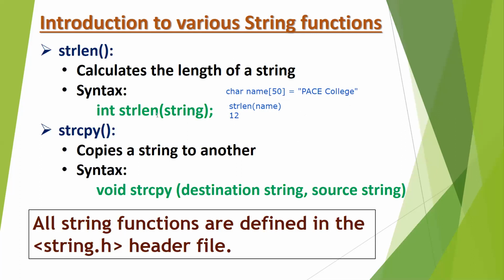Now, the next function is string copy. For copying, you need two different strings, string 1 and string 2, right? The second parameter is the source string, and the first parameter is the destination string. Whatever value is present in the source string will be copied as it is to the destination string, provided the memory size for both strings is the same.